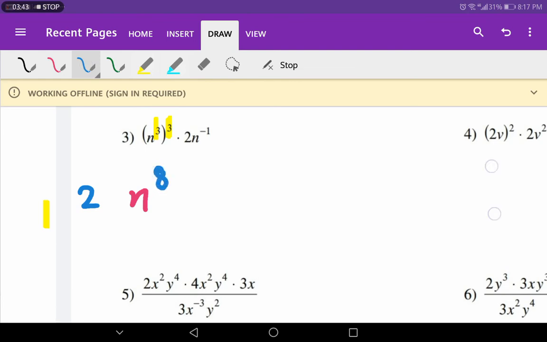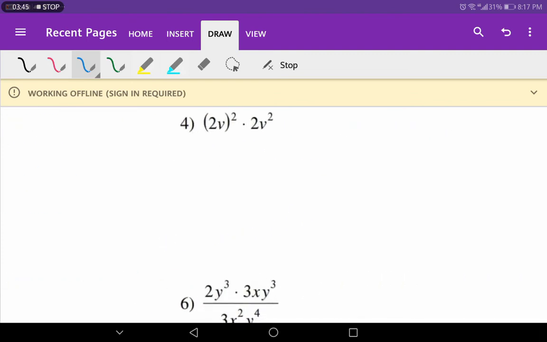Are you happy? I hope so. Here we break the parentheses, see, it is very important. This 2 takes the power of the v, which is 1, and the power of the 2, which is 1. So it will be 2 with power 2 and v with power 2 also. Multiply by 2v square.